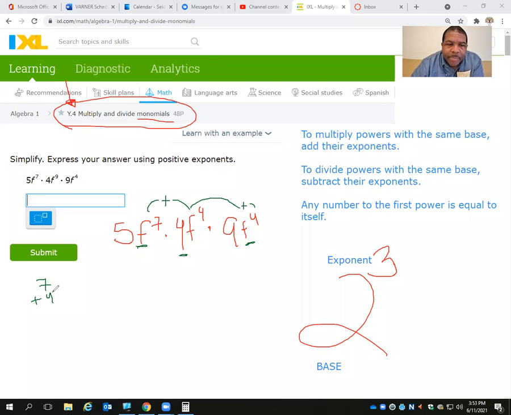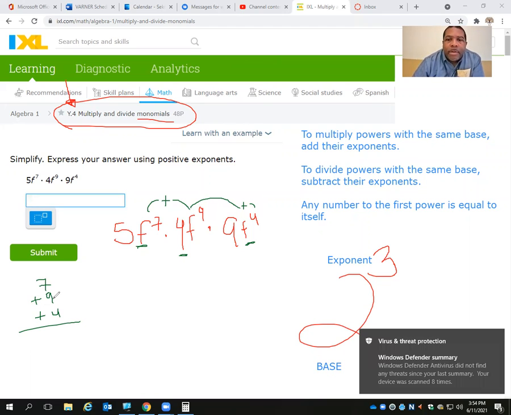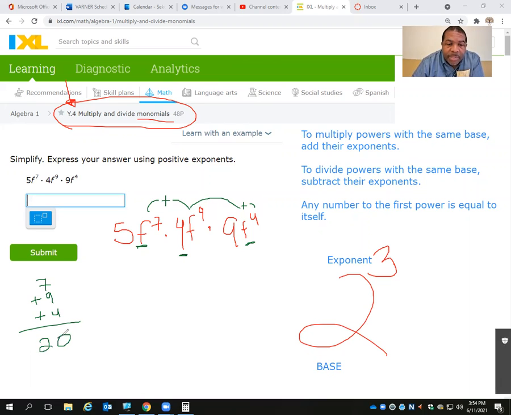Oh, actually, that's a 9. 7 plus 9 plus 4. So if we add all of those together, 7 plus 9 is 16, all right? 16 plus 4 is 20. So in terms of the f, it's going to be f to the 20th power, okay?